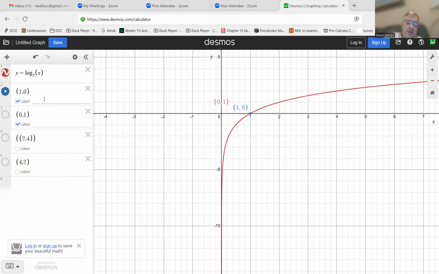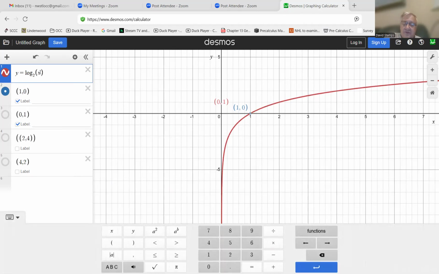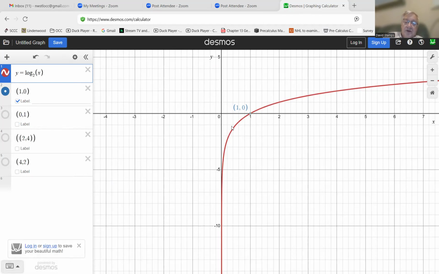And let me do the usual kinds of transformations. If I typed in x plus 3 instead of x, it'll shift the graph 3 units to the left. So the point 1, 0, the x value 1, would move to -2, 0.